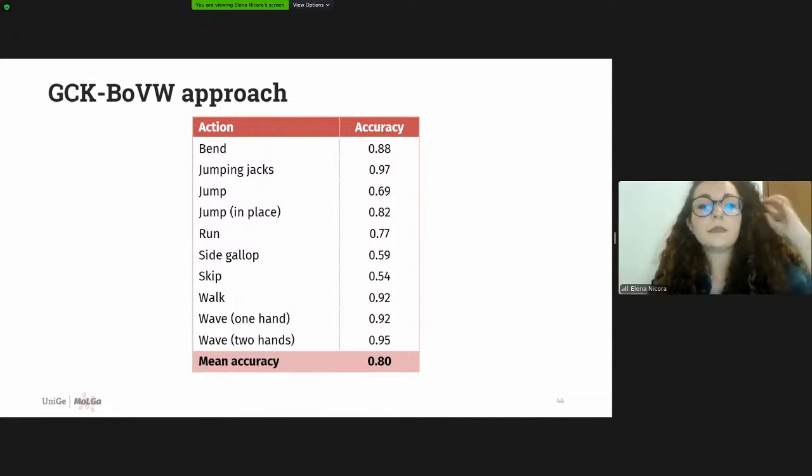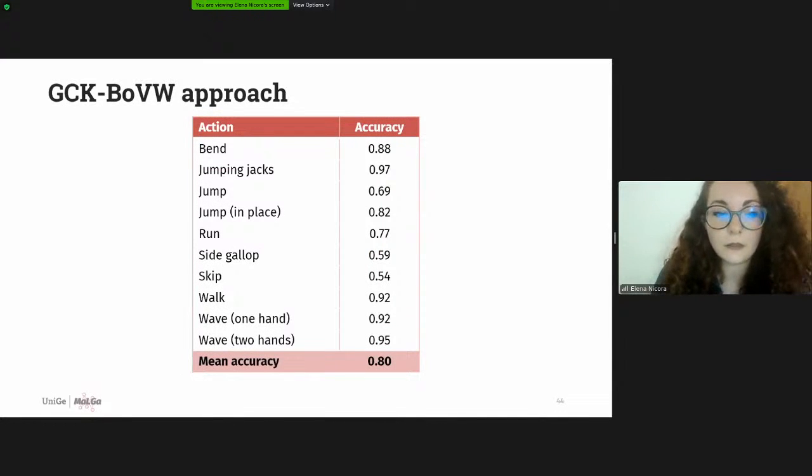So these results are on the Weizmann dataset. That is, for now, our first attempt at a Gray Code Kernel bag of visual words approach.